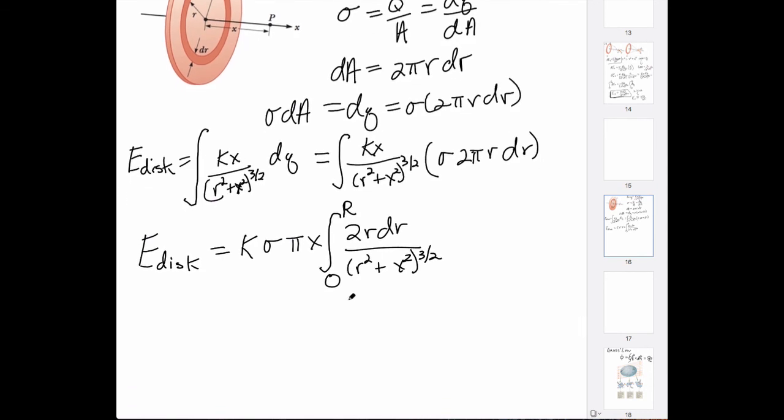But at any rate, if we're talking about none of the disk at all, in the center there's no charge. If we're talking about all the way out at the radius r, then it's all of the charge. So even though the E field really depends on the charge, we use somewhat clever geometry and calculus to make this an integral in r instead of an integral in x.